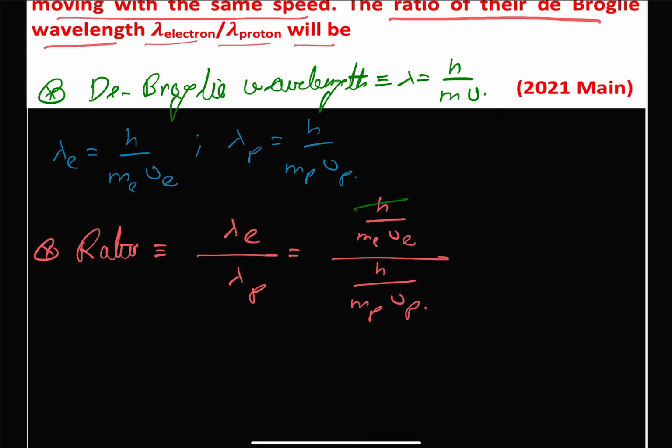Here h and h cancel out, and we also are given that velocity of electron is equal to velocity of proton, so these two velocity terms also cancel out. So we get mass of proton divided by mass of electron.